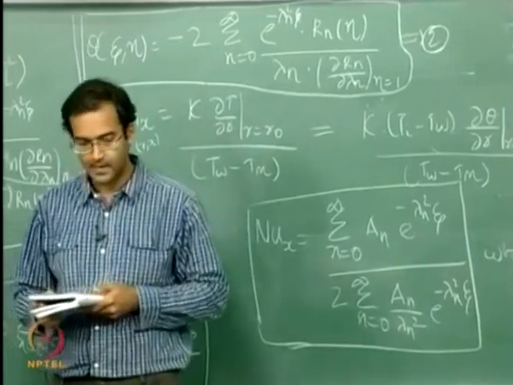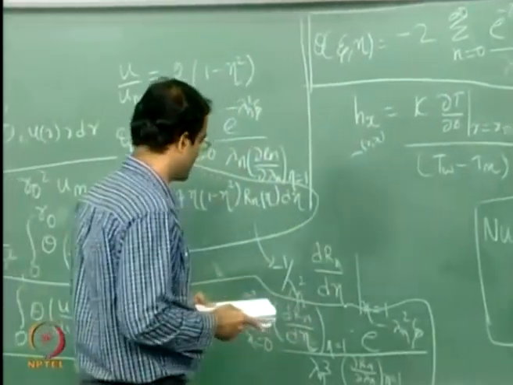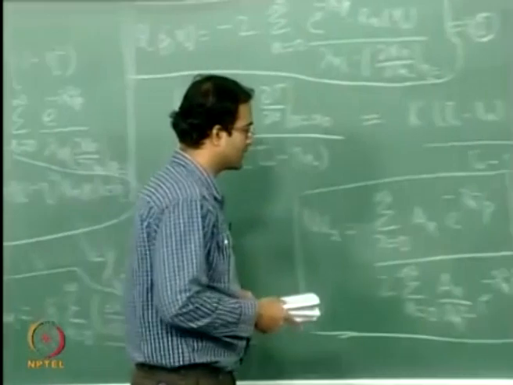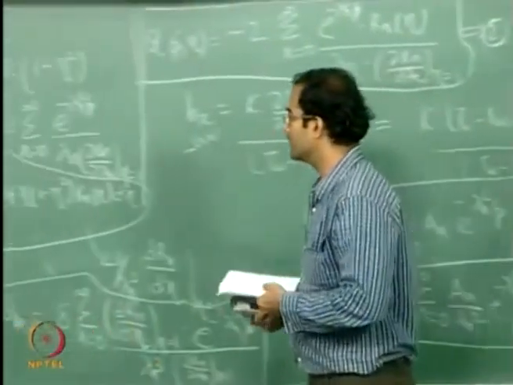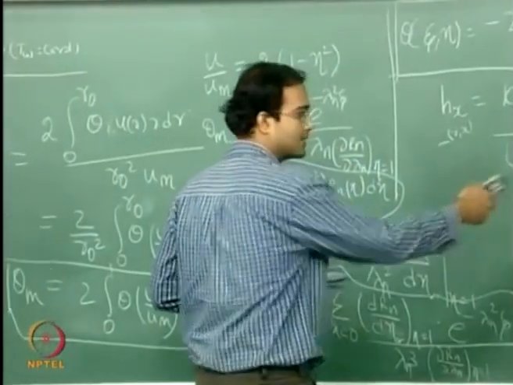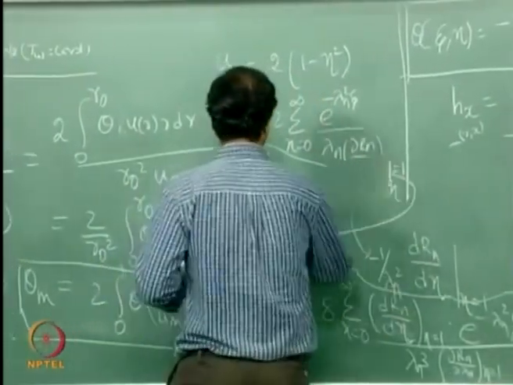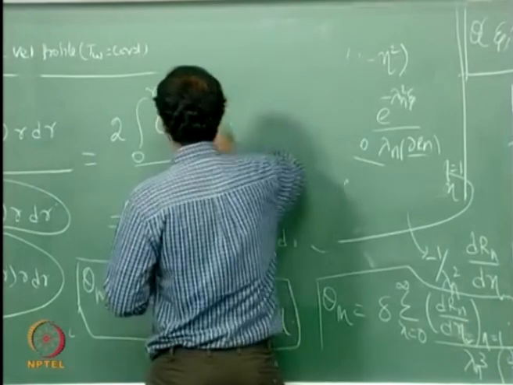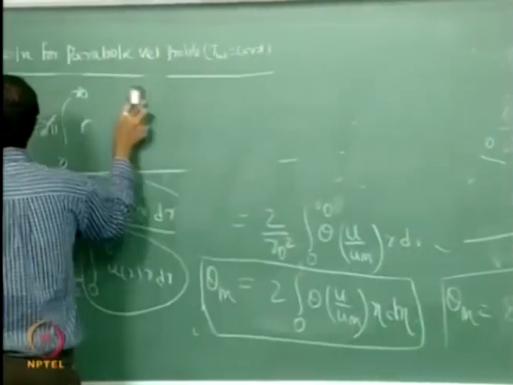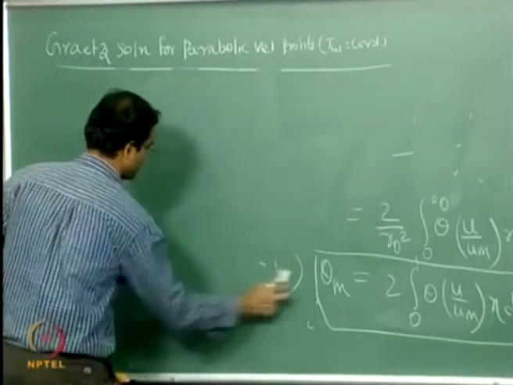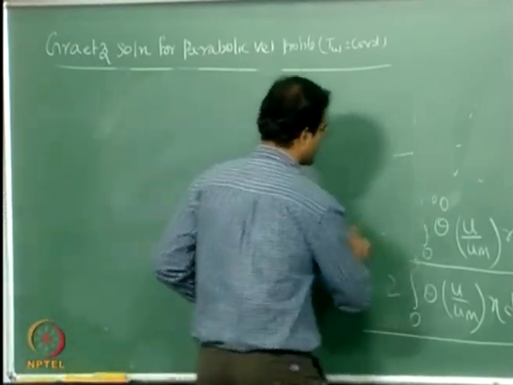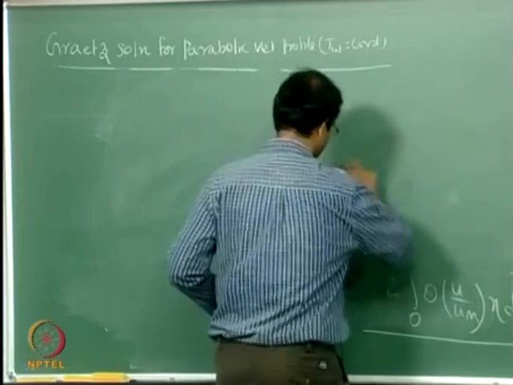So what Sellars did, if you look at that particular paper which I posted, he did it numerically and predetermined the values of all these constants and tabulated them. So I am just going to give only the final values tabulated by Sellars.